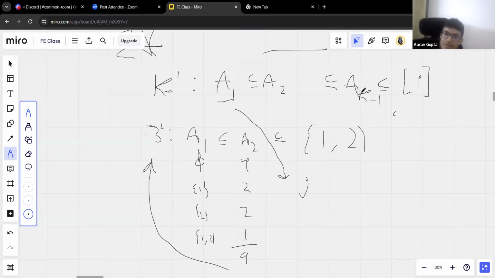And if it is in some particular number of these, it must be the last few. Like if it is in 7 of them, it must be in the last 7 subsets in this series. So j can be in any number from 0 to k minus 1 subsets. So for any j, you can just assign a value between these two and you will be done. So you just assign a number between 0 and k minus 1, i times. So is this clear now?